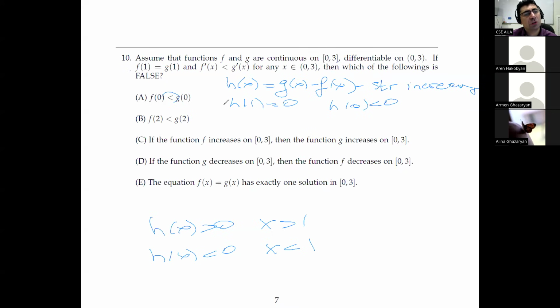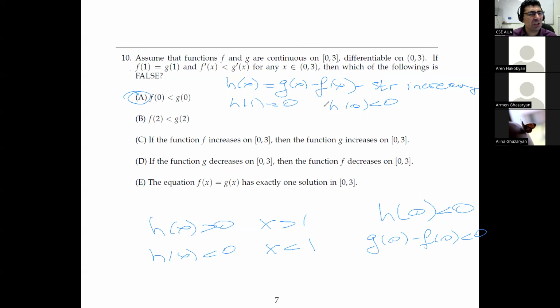No. What is h(0)? Do you agree that h(0) should be negative? Because at 1 it is 0, before that point it should be negative. h(0) is g(0) minus f(0), which should be negative. Hence, g(0) should be smaller than f(0). This statement seems to be false.